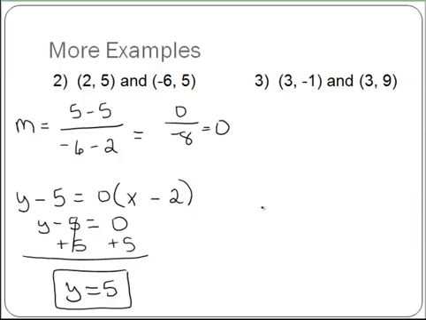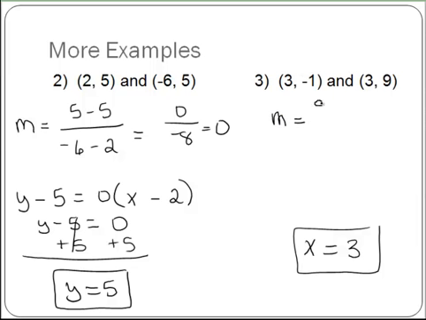So having said all of that, can you just look at this one and tell me the answer? We have 3's in the x position, so we can go straight to x equals 3. This does not have a slope-intercept form, it's only standard form. What if you didn't think of doing that?